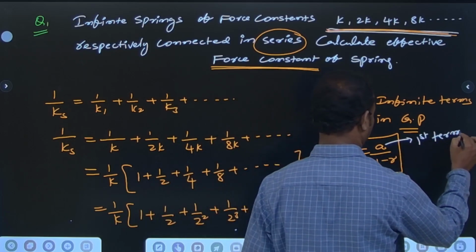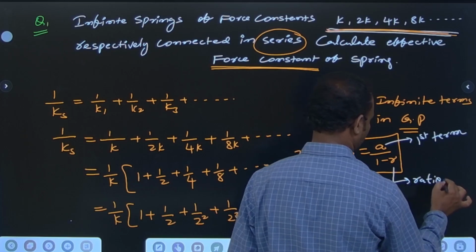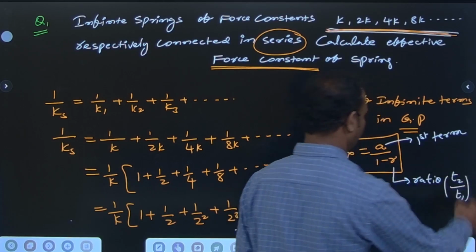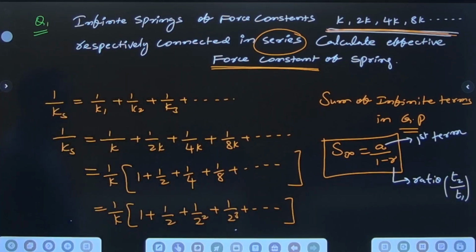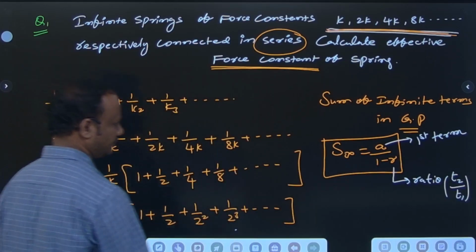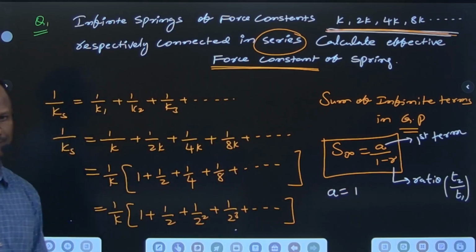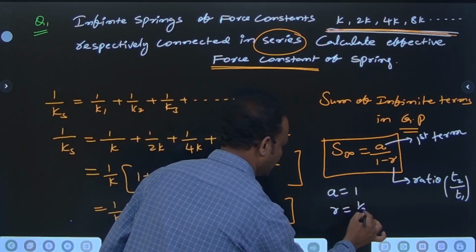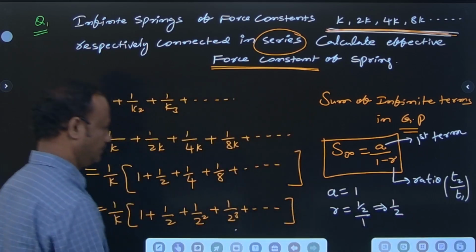Always remember, R is the ratio of T2 by T1, second term by first term. What is the first term? A is equal to 1. And the ratio R is equal to T2 by T1, 1 by 2 by 1. What is the answer? 1 by 2.